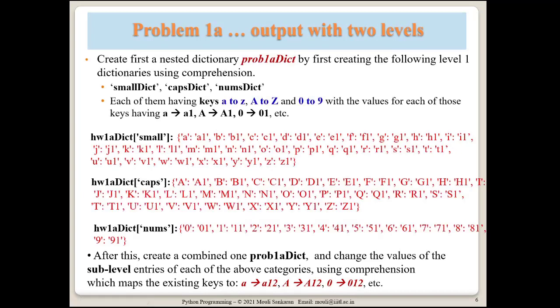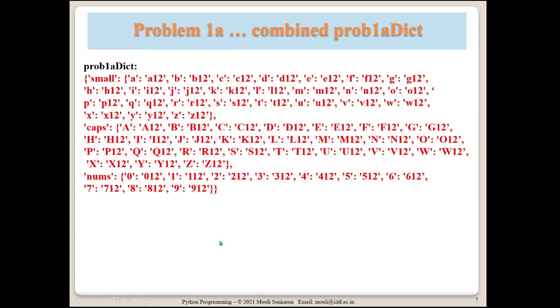Now let me show you. This is the same as the previous output. This is the final output. Let me explain this final output. What you have is this small is one element in the problem A, and then that dictionary is, you built a one dictionary, right?